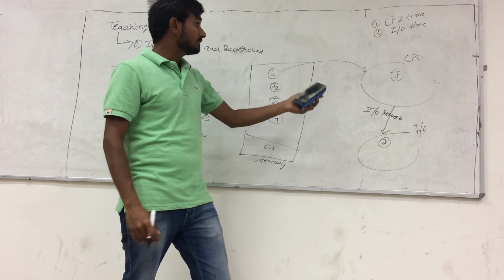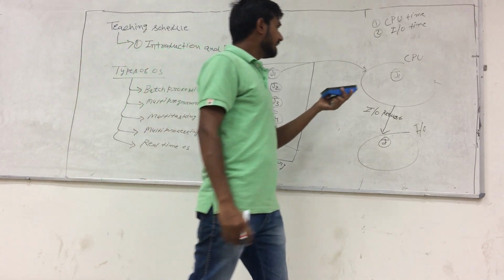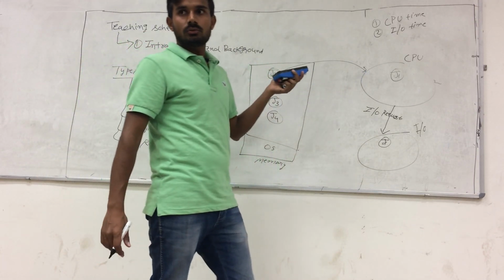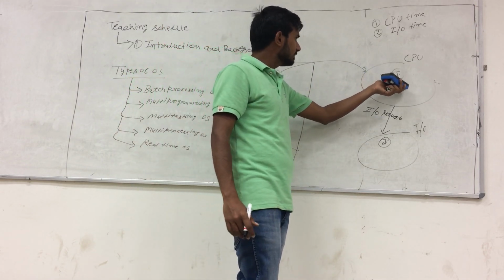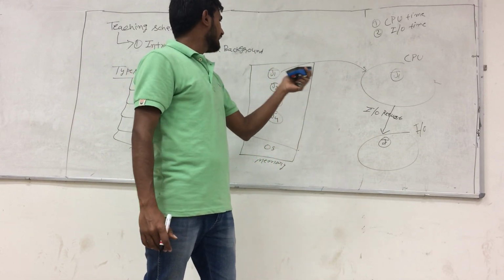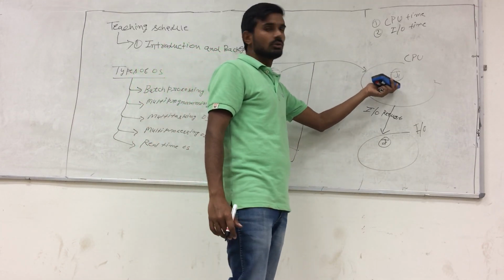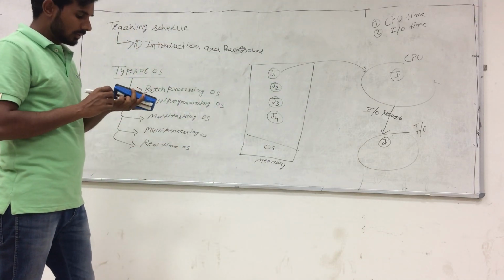So there is a problem in the batch processing operating system. It increases the CPU idleness. Means there is no job in CPU, a job is in IO, but another job cannot perform the CPU operation. This is the drawback of the batch processing operating system.